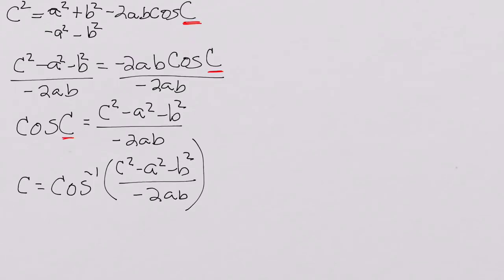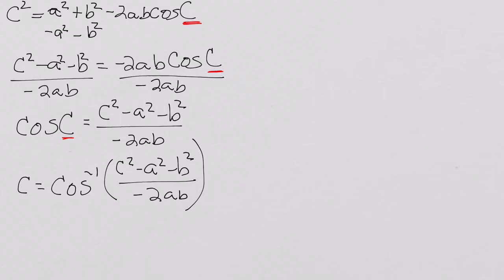So if we have a triangle where we know all three sides, we have this nice equation, c squared equals a squared plus b squared minus 2ab cosine C. You see I underlined C here, because when we have side, side, side, we're going to solve to find an included angle, and angle C is our included angle. So we're going to use algebra and manipulate this equation to make a new equation so we can find the included angle.